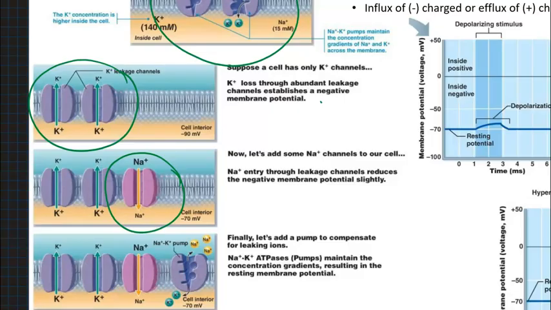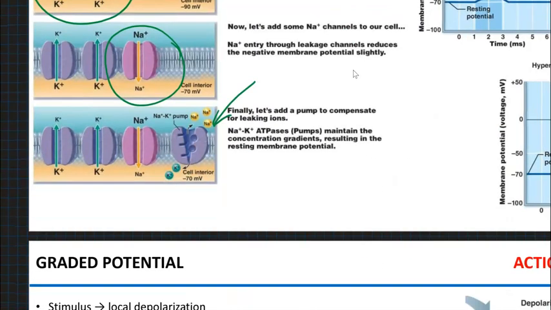So in order to maintain the concentrations, there is a sodium-potassium pump. Sodium diffuses into the cell, but is being pumped out of the cell. Potassium diffuses out of the cell, but is being pumped back into the cell.